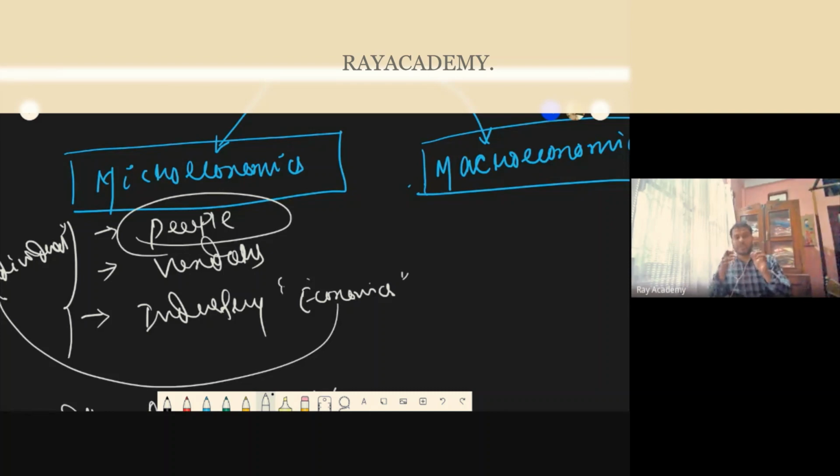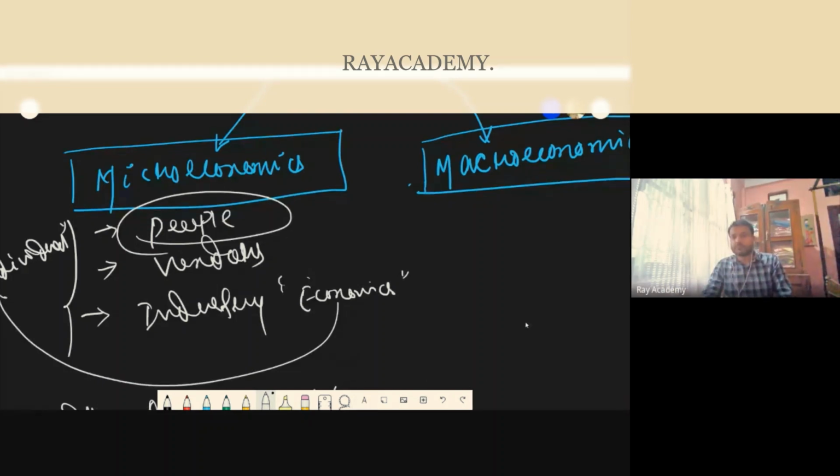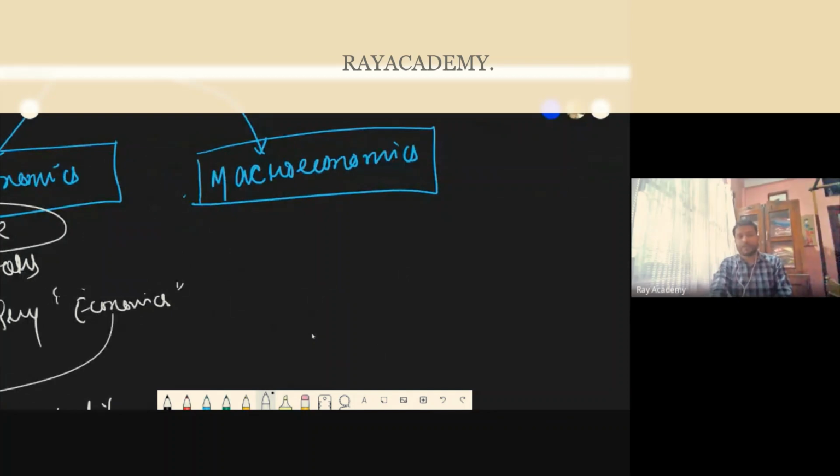So this is micro. Micro means small things. That means at individual level, we understand how the economic fundamentals are happening. So what happens at the macro level? Micro means small, macro means a bit bigger.